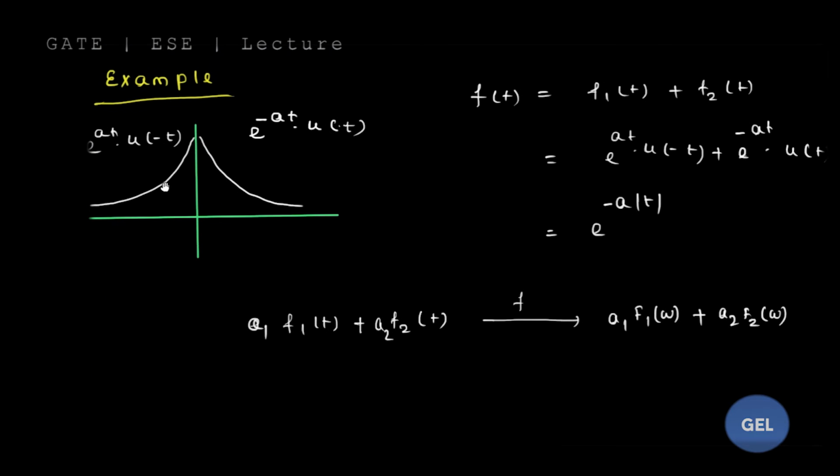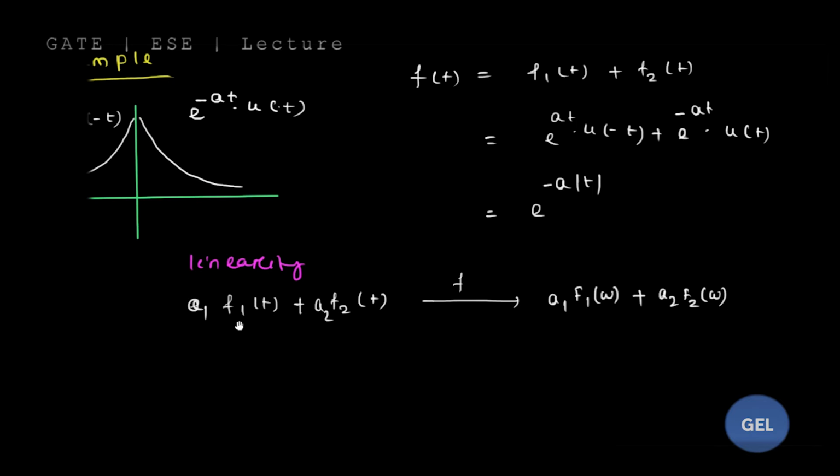Look here carefully. I have combined the last two questions, that is f1(t) plus f2(t). I made it like f1(t) and f2(t). Now we know the property, linearity property, right? So apply the linearity property.